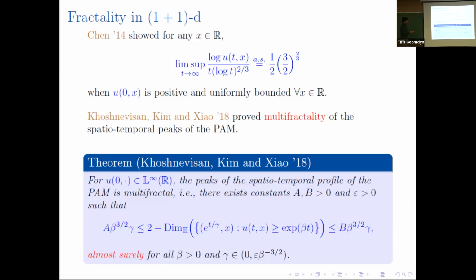This gives you some idea of the gauge function, and then based on it, using this proof structure, Khoshnevis, Kim and Zhao were able to prove multifractality for the 1+1 dimensional parabolic Anderson model.